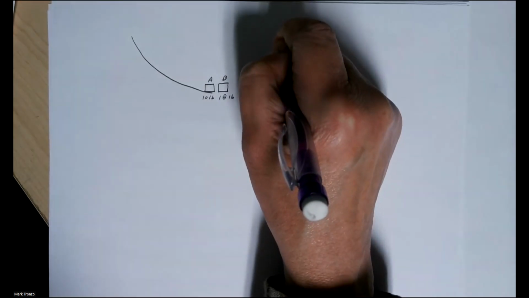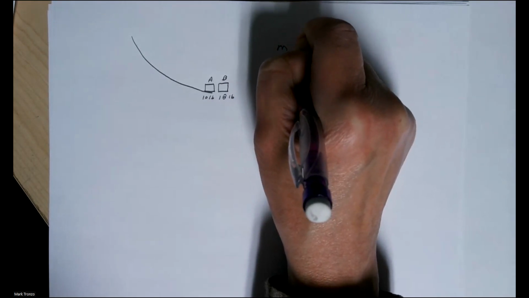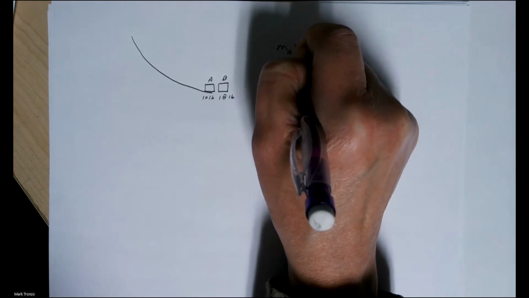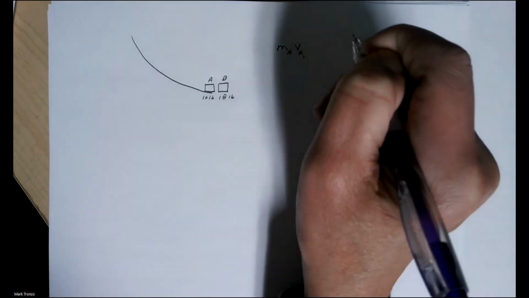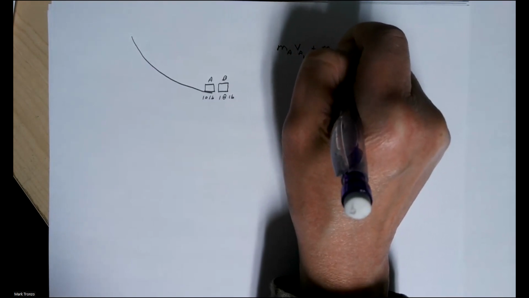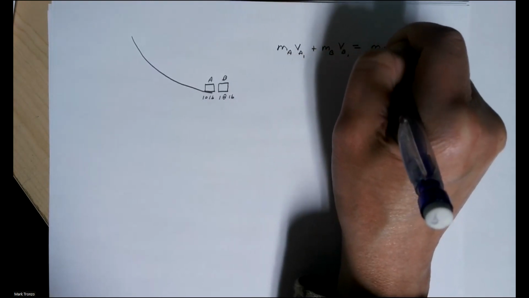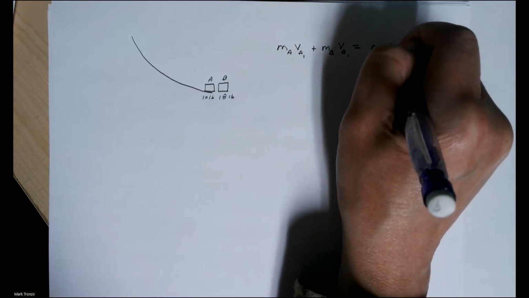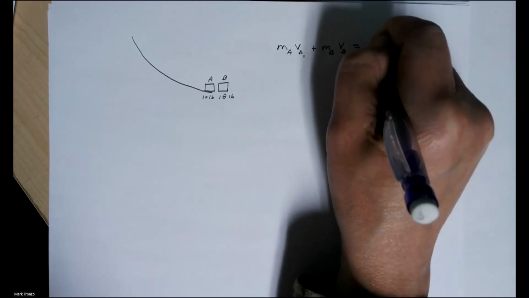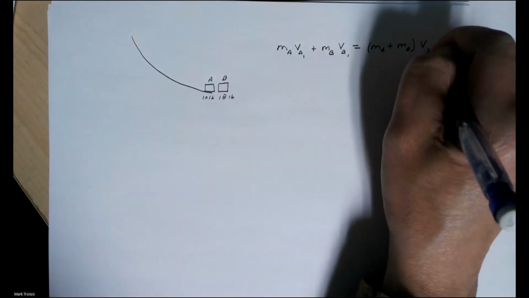So we're going to have to use conservation of momentum, and we'll take the mass of A times the velocity of A before impact, maybe call that V1, or VA1, and then mass of B times the velocity of B before impact. Then they collide and stay together. And then we'll have some final velocity where they're both together.